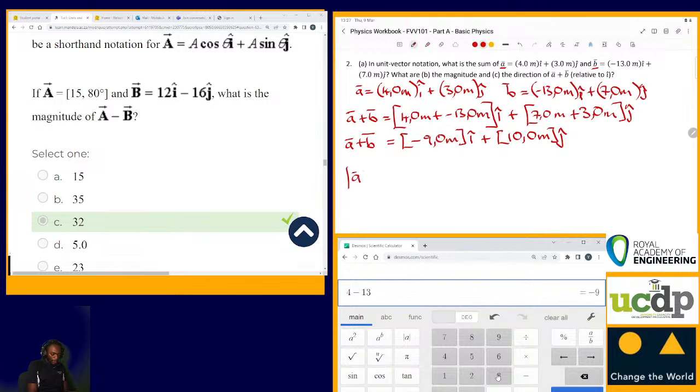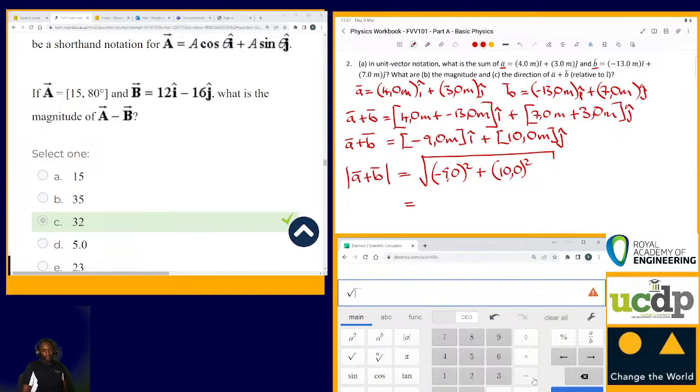So the magnitude of A plus B will now be equal to the square root of negative 9 squared plus 10 squared.